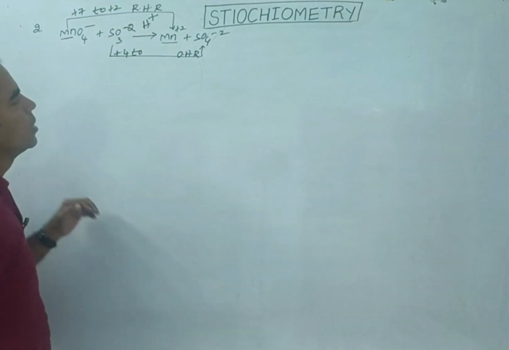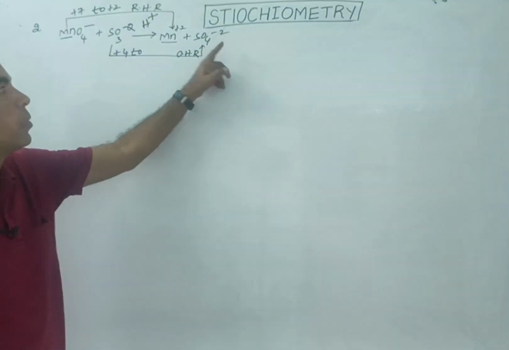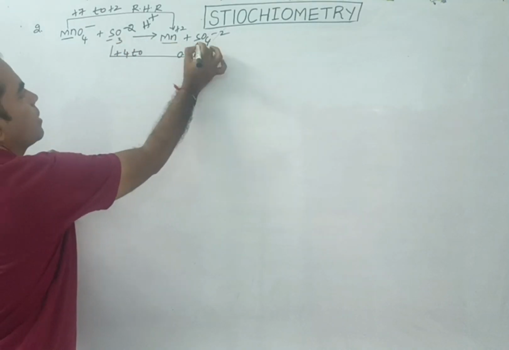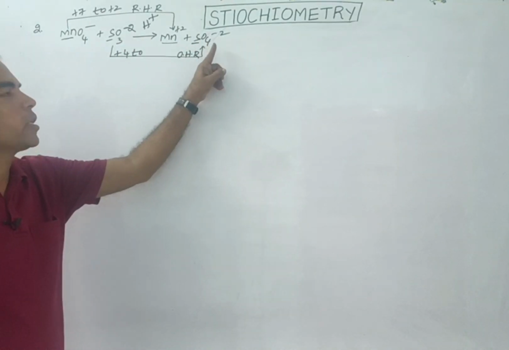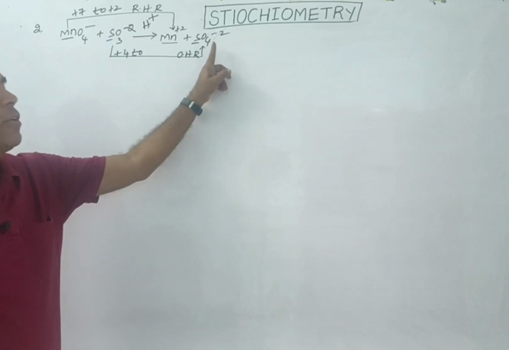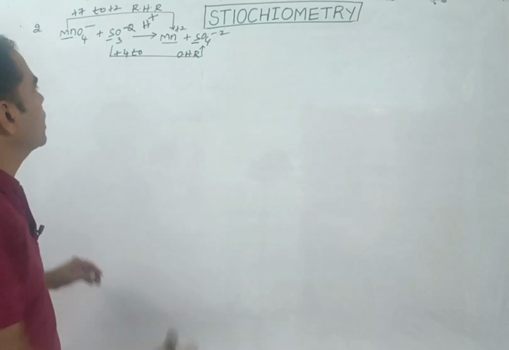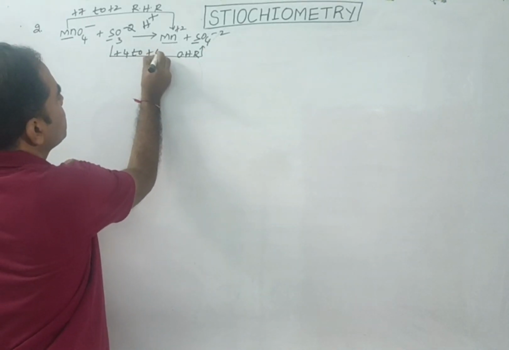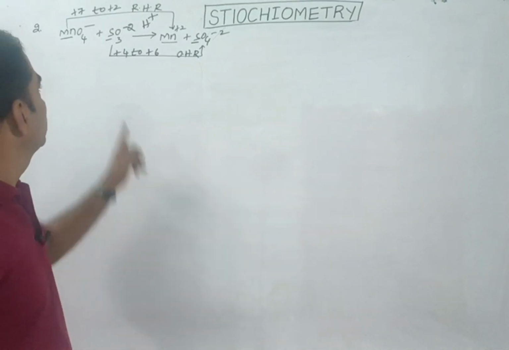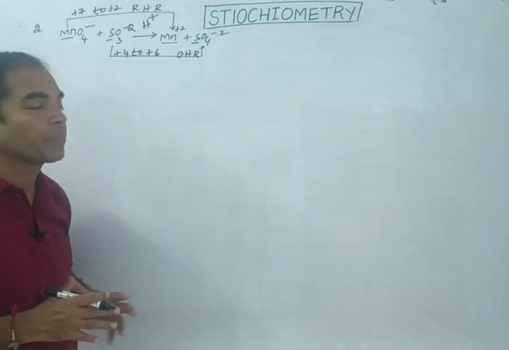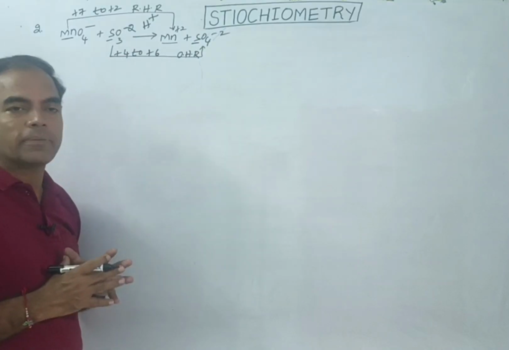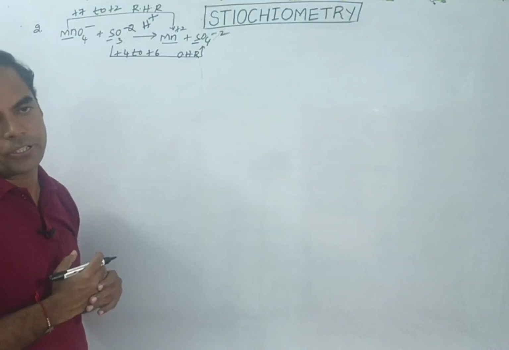Here SO4 minus 2, sulfur oxidation number: X plus 4 into minus 2, that is X minus 8 equals minus 2. Then X equals plus 6. Plus 4 to plus 6 means an increase in oxidation number. Decrease in oxidation number, plus 7 to plus 2, is the reduction reaction. Increase in oxidation number means the oxidation half reaction.